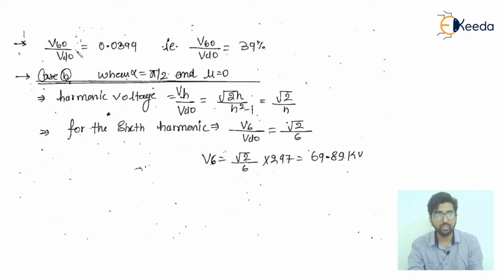The 0 represents mu equal to 0, because there are two suffixes: the first represents the order of the harmonic, which is 6, and the second represents the overlap angle, which is 0. After simplifying V60 and Vd naught, you are going to get 0.039.